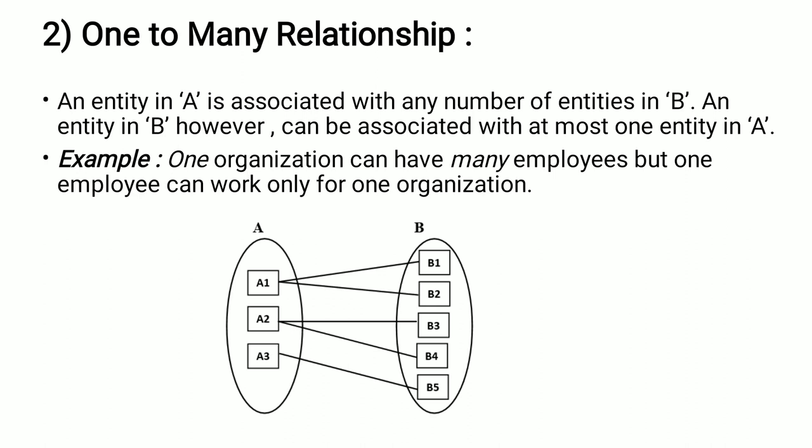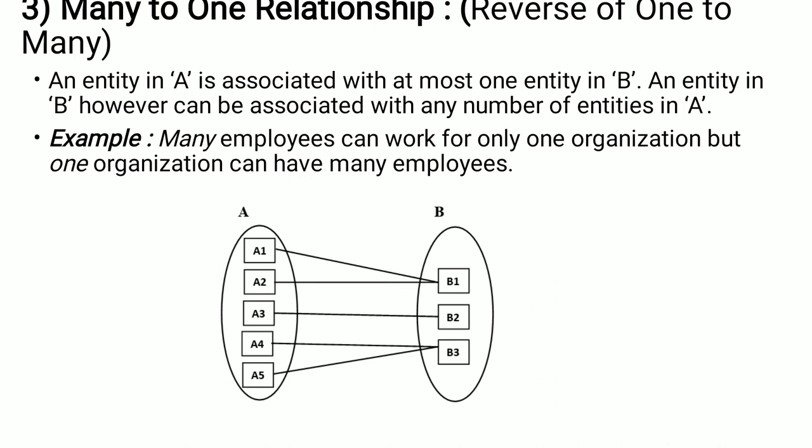A1 is associated with two entities, B1 and B2, and A2 with B3 and B4, which is called one to many. One employee can work for a maximum of one department, and one department can have a maximum of n employees.